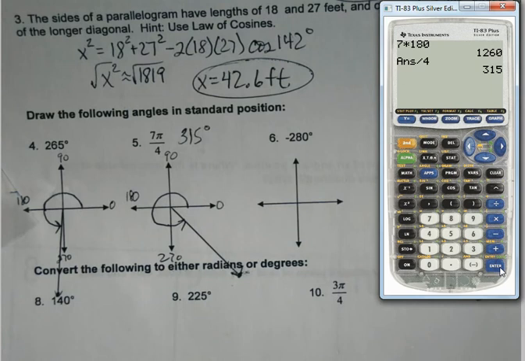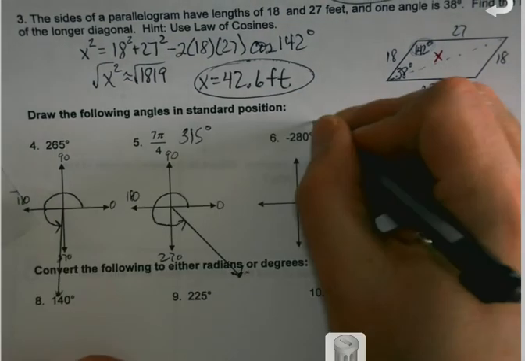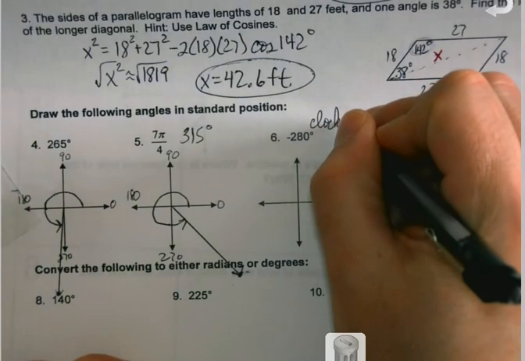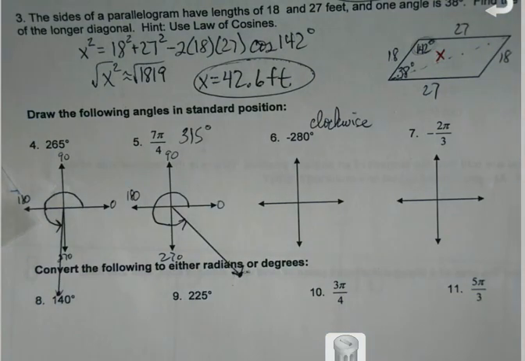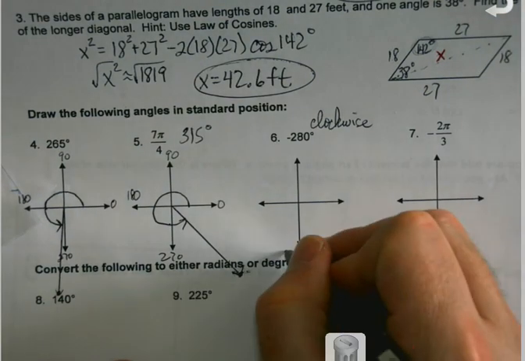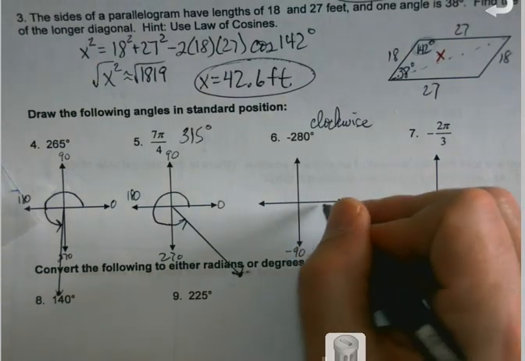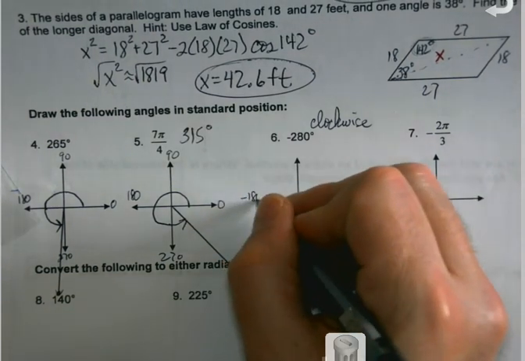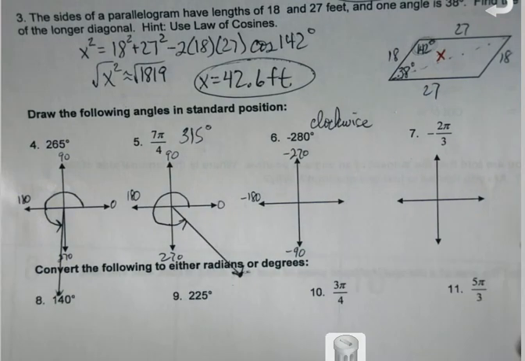So again, be cautious. And the only other really anything that you have to be cautious with is making sure when it's a negative, that you're going clockwise instead of counter. So when you leave from your initial side, which will still be here on the positive x-axis side, you start going the other direction.